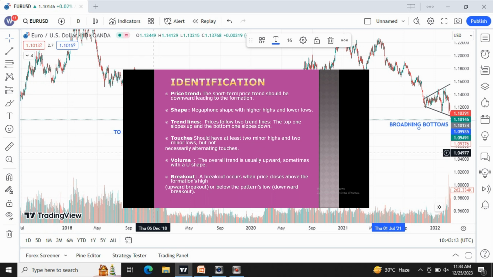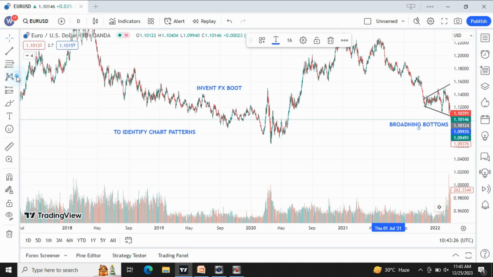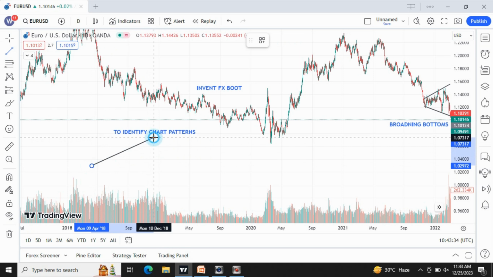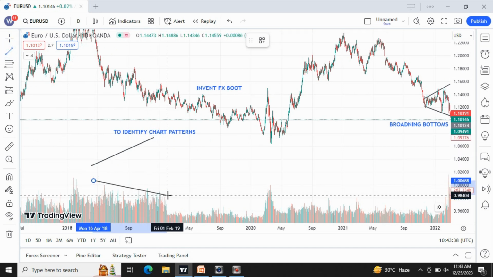Number 1 that we're going to consider is the broadening bottom. Here the price trend is down in nature, leading to the formation. Broadening bottom is downward in nature, leading to formation, and it also has a megaphone appearance with higher highs and lower lows that widen over time.